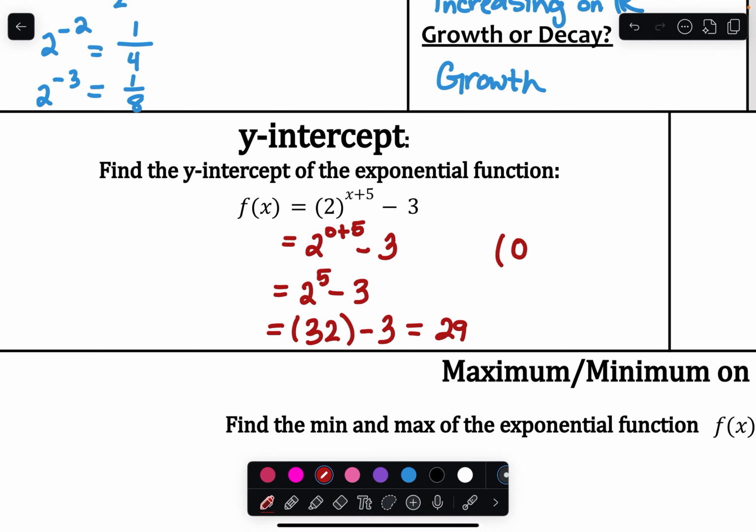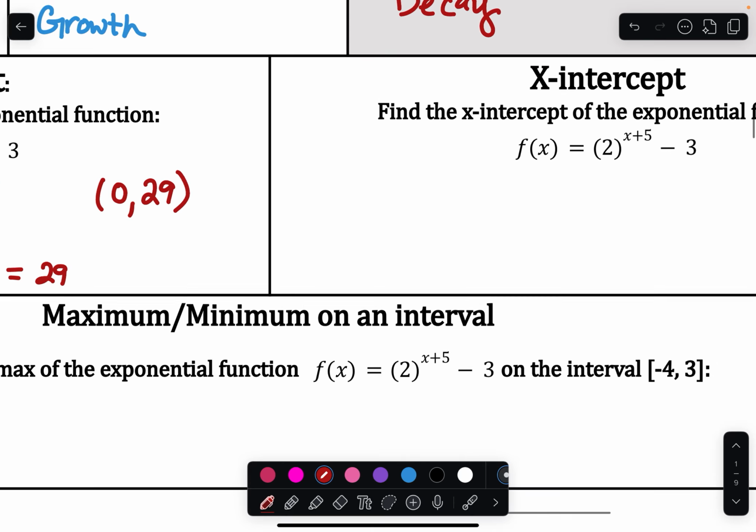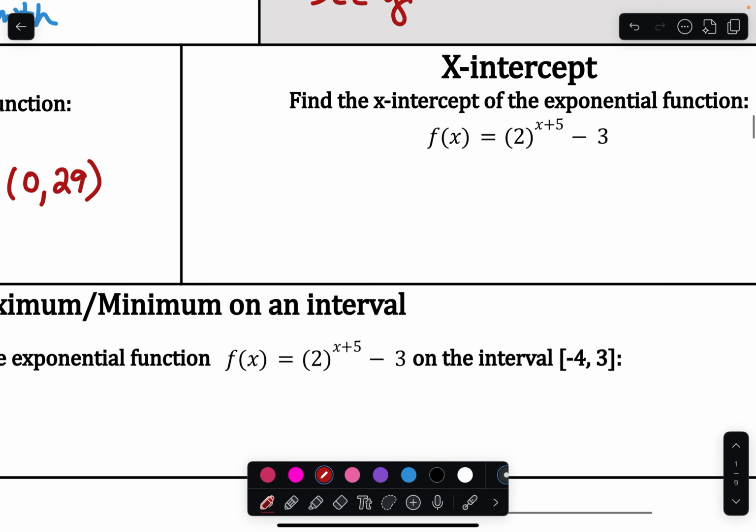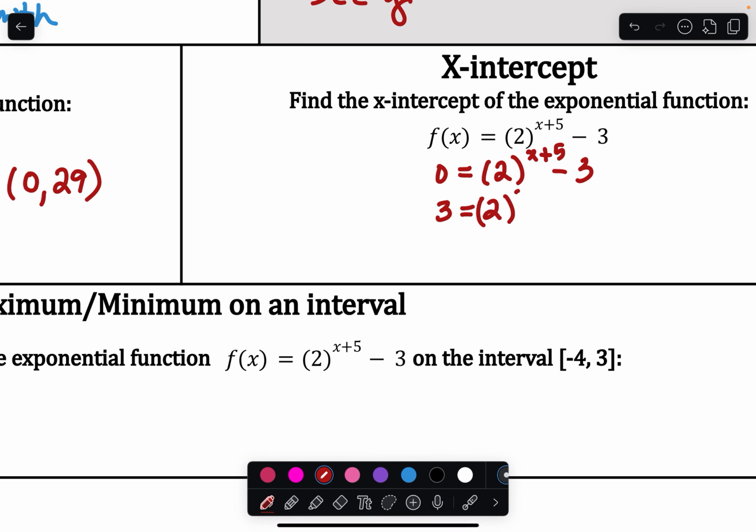So we have a y-intercept at the point (0, 29). For the x-intercept, we plug in 0 for y. We get 2 to the x plus 5 minus 3. We do run into an issue here, though. We don't have the tools in our toolbox to be able to solve. We can add 3, and we get 2 to the x plus 5.